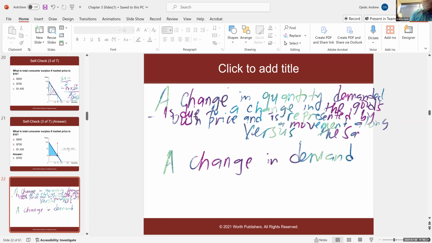DD is going to be my notation for demand, the demand curve.